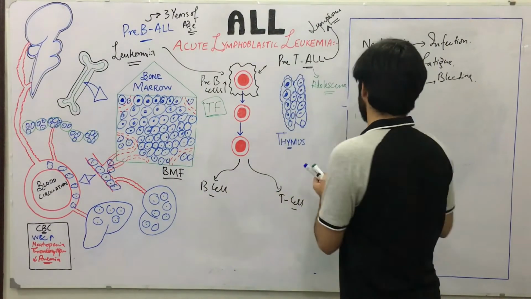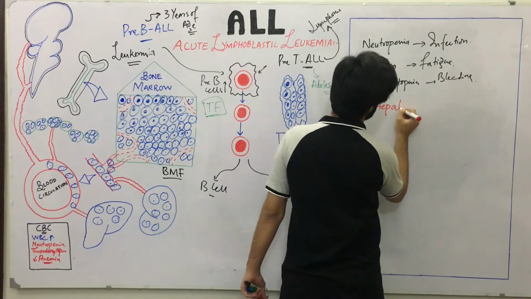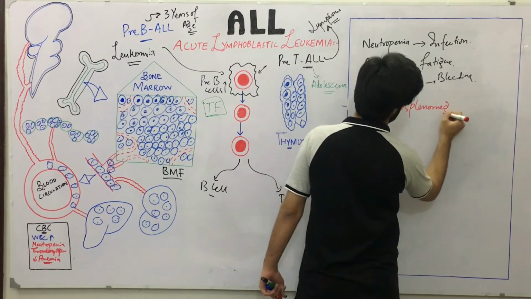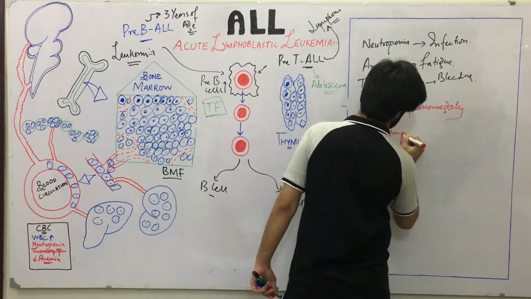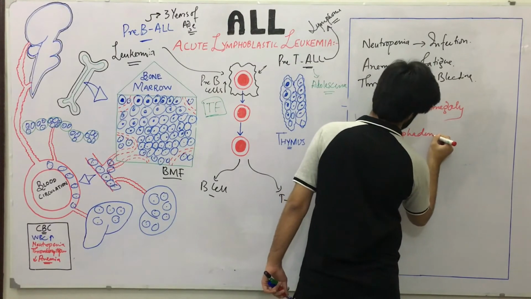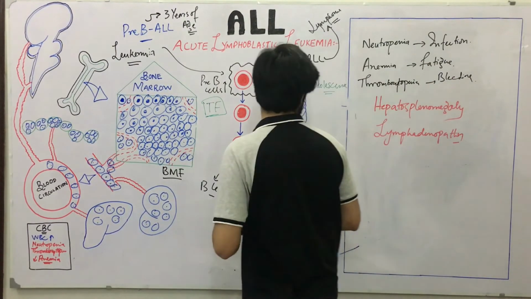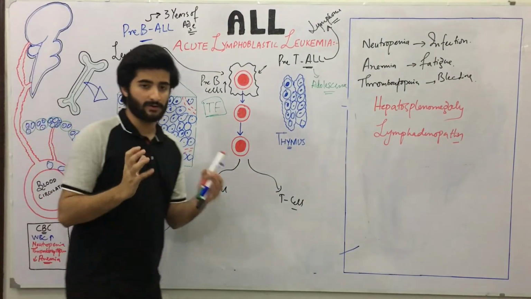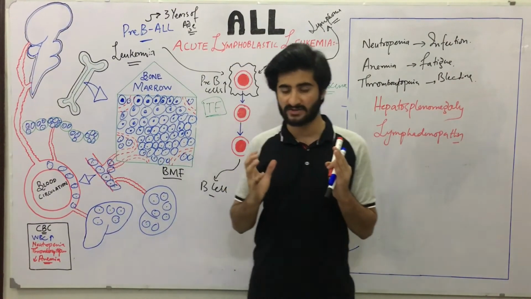So as a result, we will have hepatosplenomegaly and lymphadenopathy. Also, the bone marrow is increasing in size.